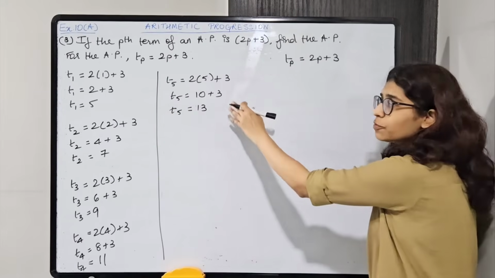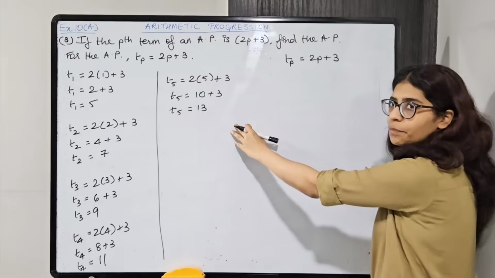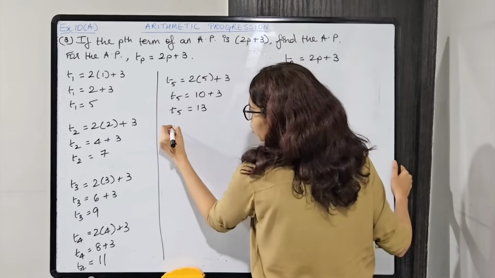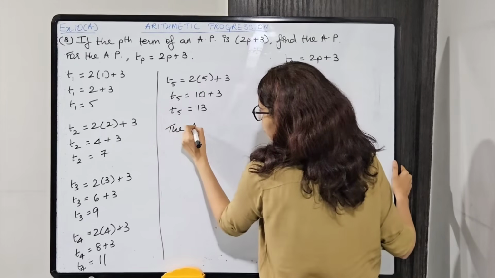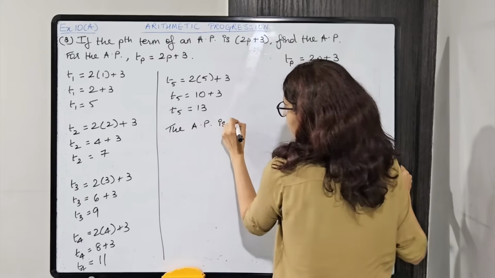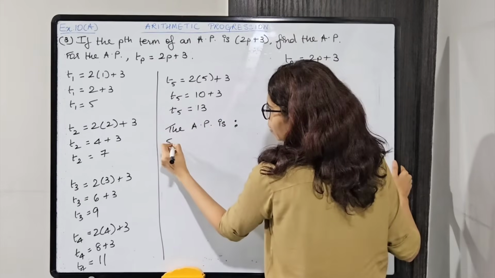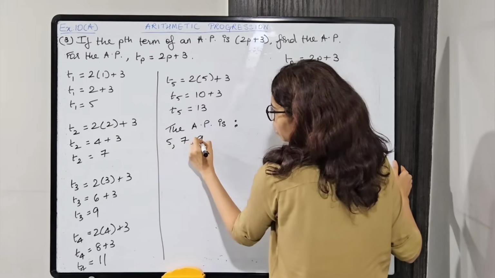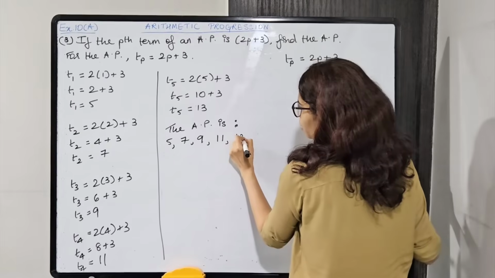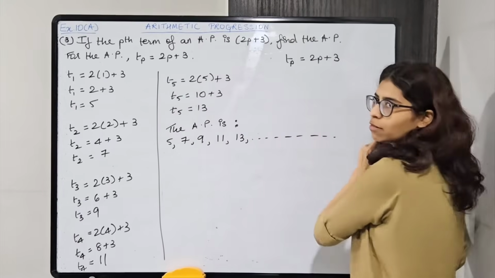So we found out first 5 terms. Okay, that is enough. So write down the AP is 5, 7, 9, 11, 13 and so on.